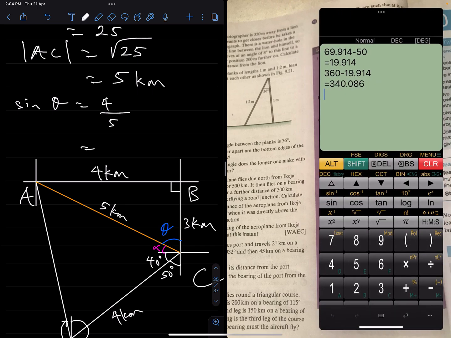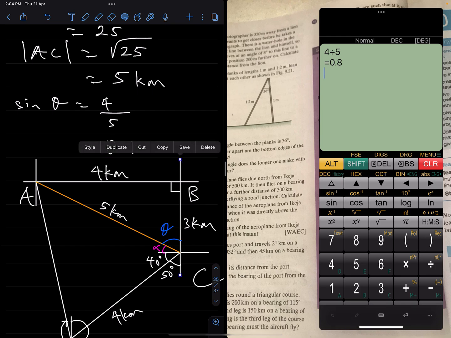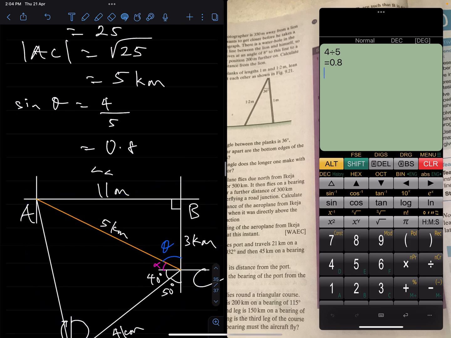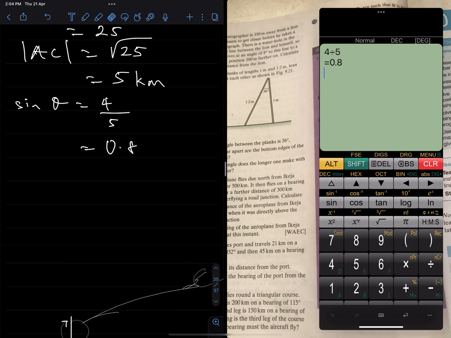And 4 divided by 5 is 0.8. I've used the diagram for what I wanted to use it for. Now, that simply means theta is equal to the sine inverse of 0.8.